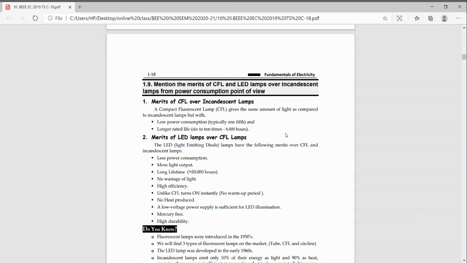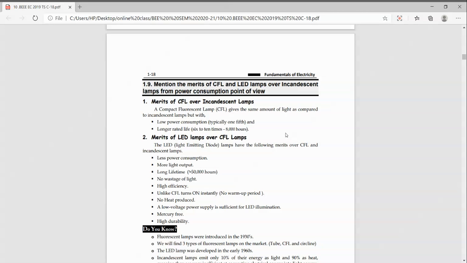Okay. So merits of CFL over an incandescent lamp. What are the merits over that yellow color bulb, that is the incandescent bulb? Here a CFL gives the same amount of light as compared to an incandescent lamp, but with lower power consumption and longer rated life.